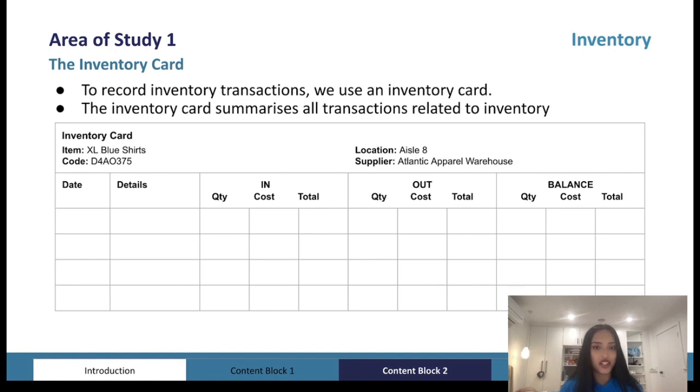As you can imagine, when it comes to big businesses, for example Kmart, they would have thousands and thousands of inventory cards, because for every single different type of product that they have, for example shirts, pants, toys, Kmart sells pretty much everything, there'll be a different set of inventory cards.